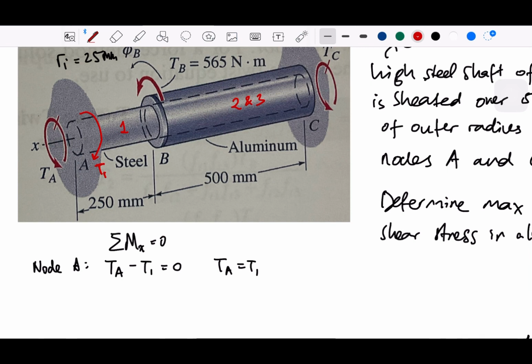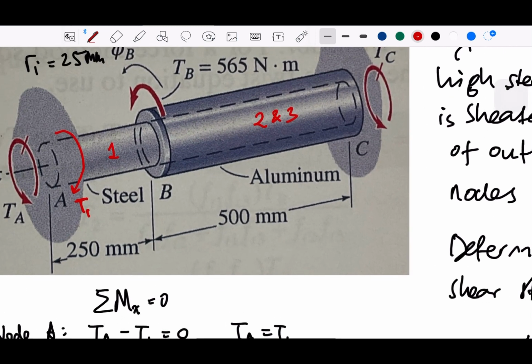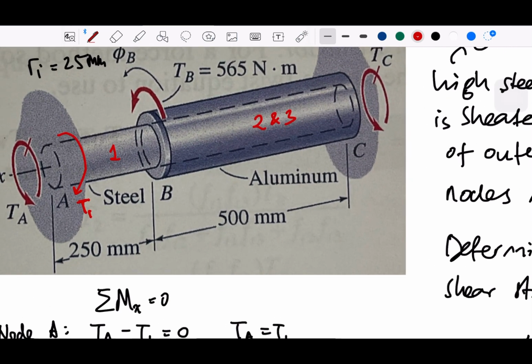So how are we going to look at this? First, let's look at node B. If we slice this, you will have T1, right? And let's say 2 is for the steel inside the aluminum, so this will be T2.